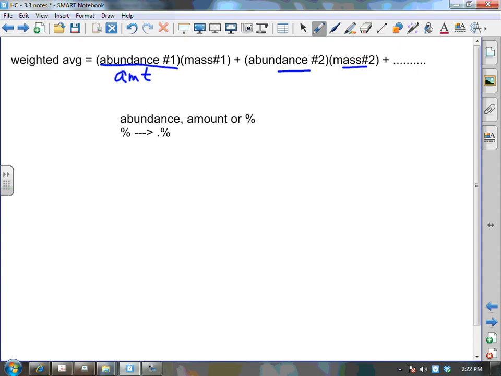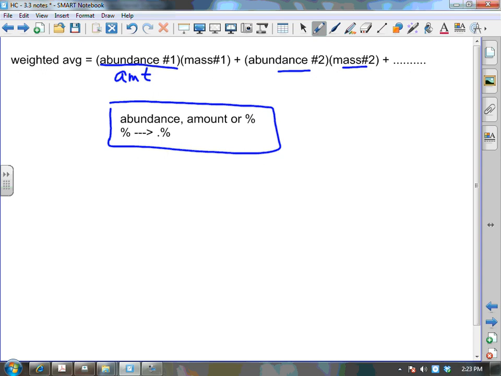In chemistry, with isotopes, we're talking about amounts or abundances, which are percentages. We want to use the decimal equivalent of a percentage, not the actual percentage, not 50% or 40%, but the decimal equivalent.